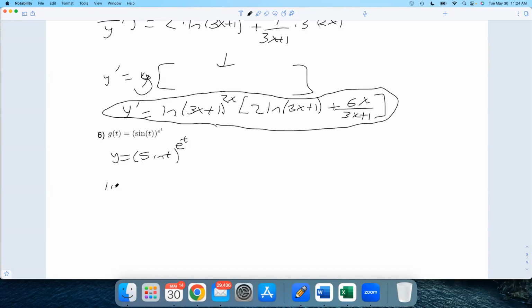So I take the natural log of both sides. And I'm taking log of that. Then the whole point of taking logs is this guy in the exponent can come down front.